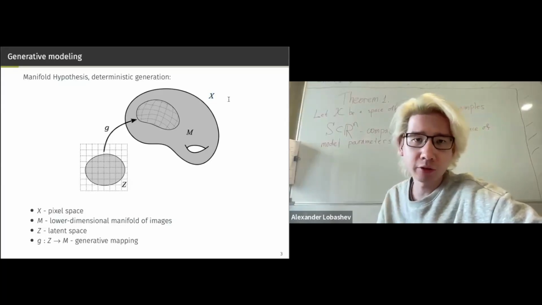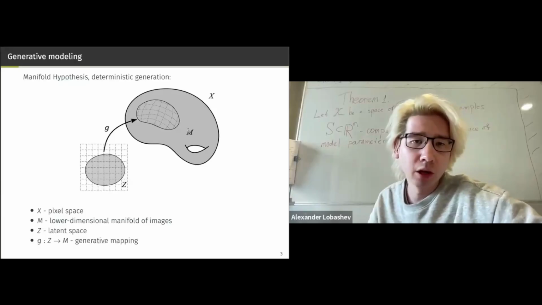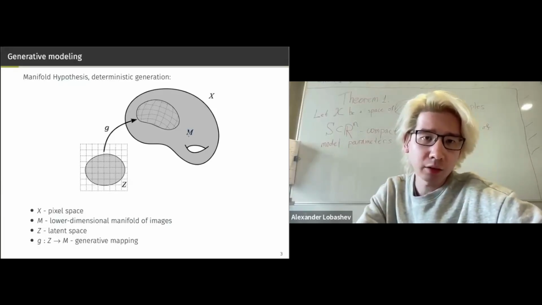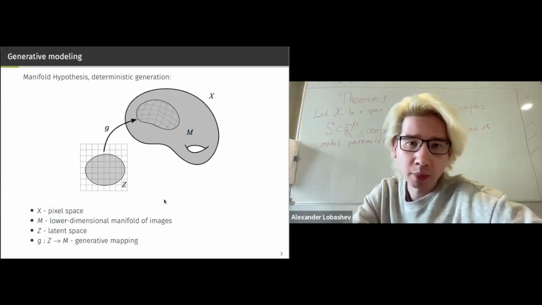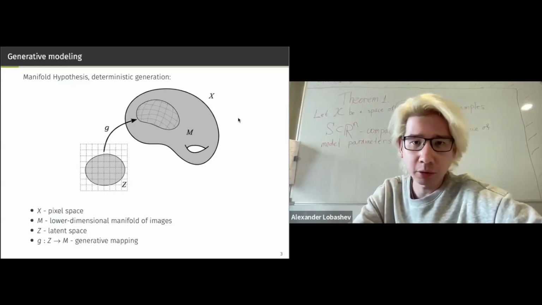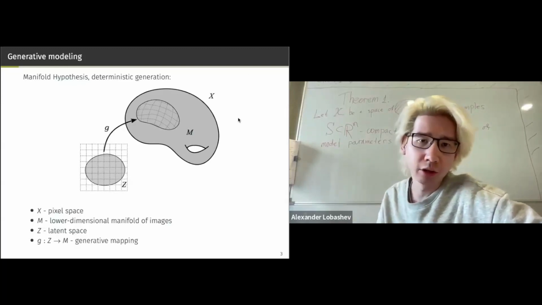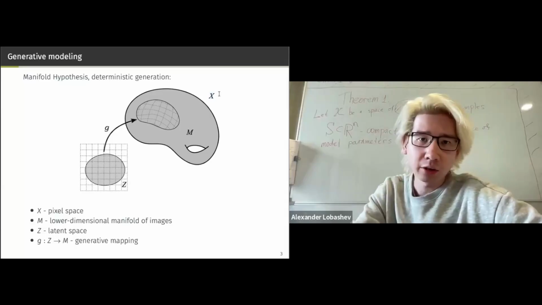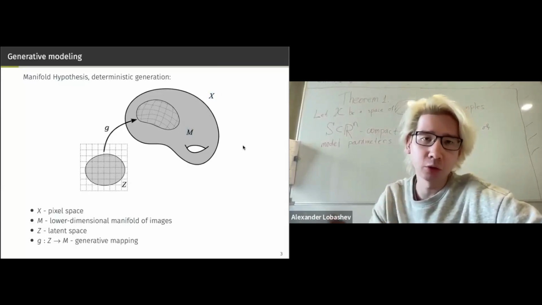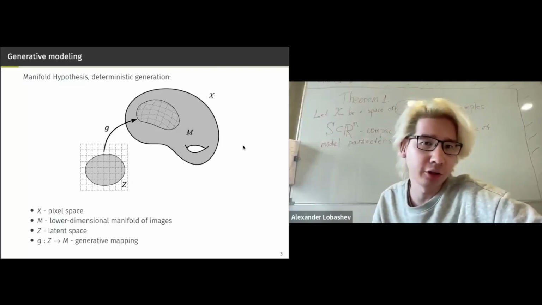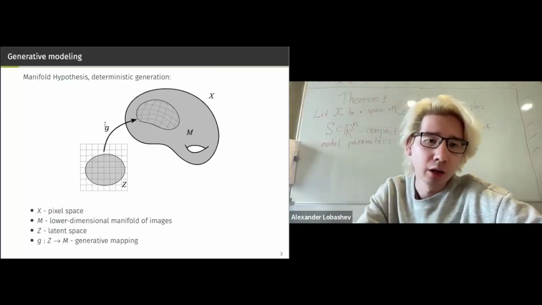For example, for images, this is space of all pixels, and M is our data space. In the case of images, X are just whole pixels, and M is some real images with strong spatial correlation for close pixels.